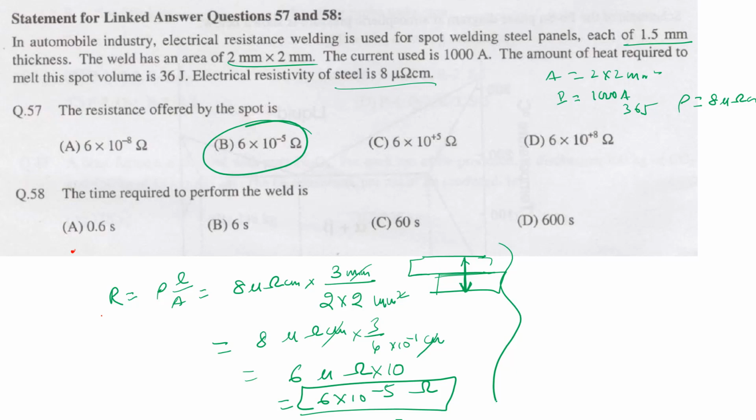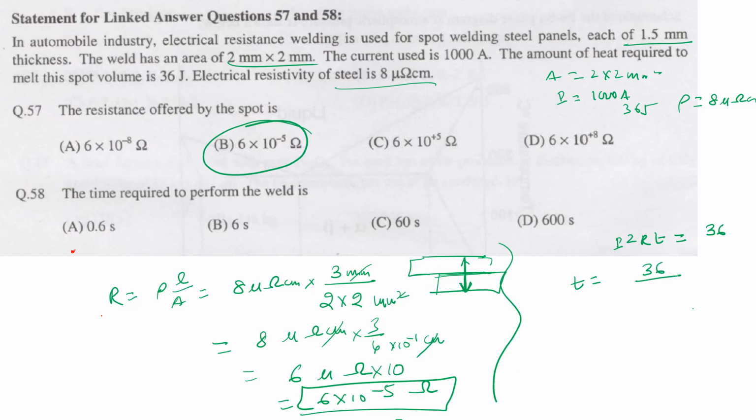here it is given the amount of heat required to melt this, so that heat will come from I square R t, right? So that is required to melt it. So we get 36 joule. So time we need to find.